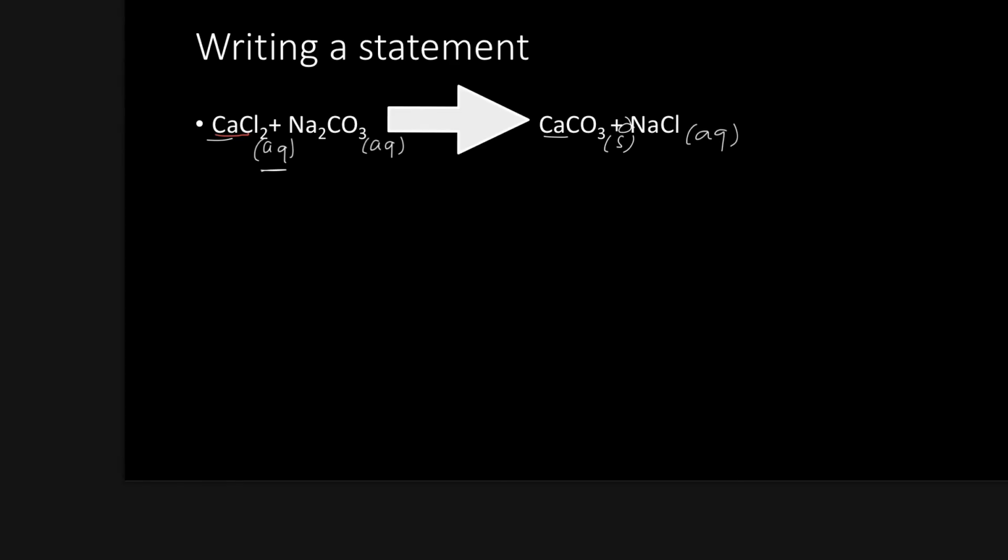So you get two NaCl, and that balances your chlorines. Then you have two sodiums here and two sodiums here, because remember we added that too. And last but not least, you have one carbonate and one carbonate. So your equation is balanced. Just so that this is a little more clear, I'm going to rewrite the balanced equation.